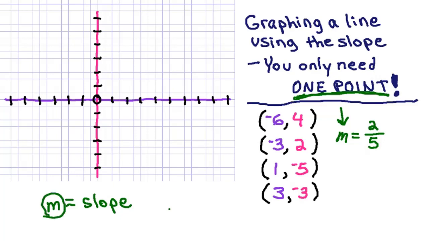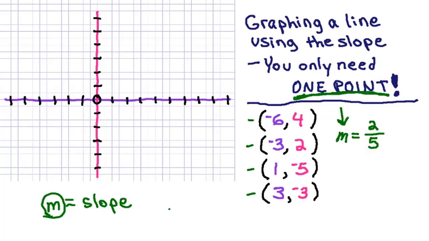Lowercase m equals the slope in algebraic equations. So I have m equals 2 over 5, and then I have different sets of coordinates. I have 4 coordinates here, so we're going to graph 4 lines, and you're going to see how to do this by using the slope.